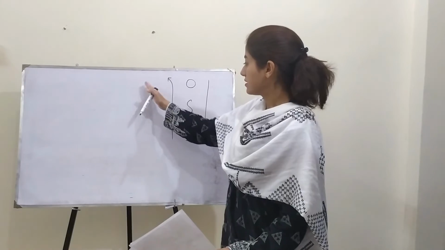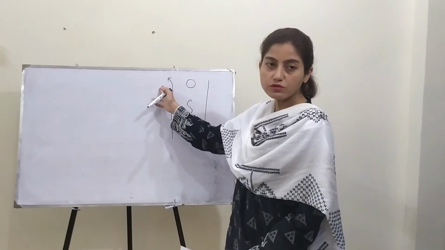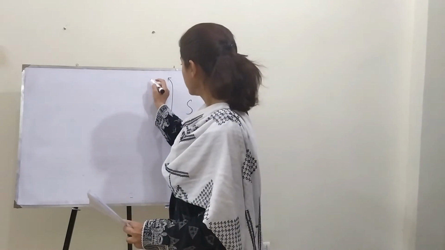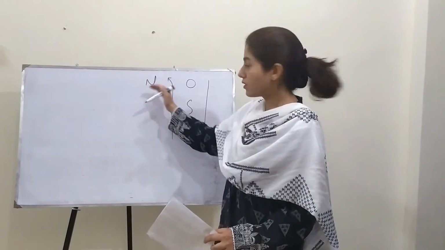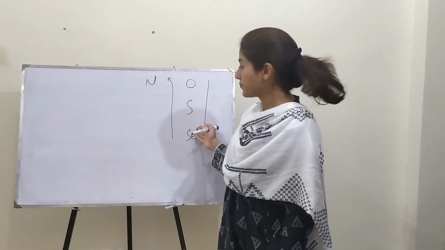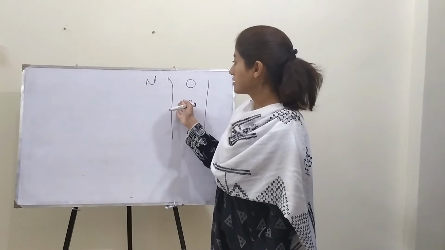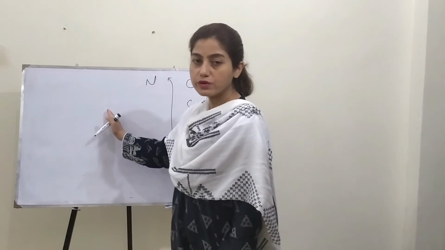And then the priority would decrease to the previous group, as these elements belong to the 6th group, and the priority would decrease to the 5th group elements, and then to the 4th group elements, and then to the 3rd group elements.